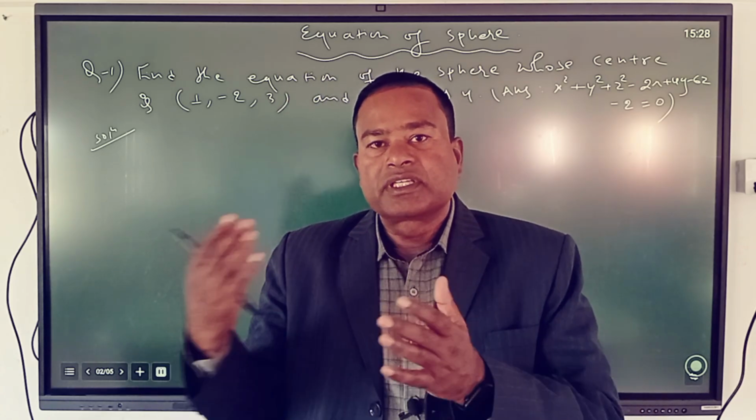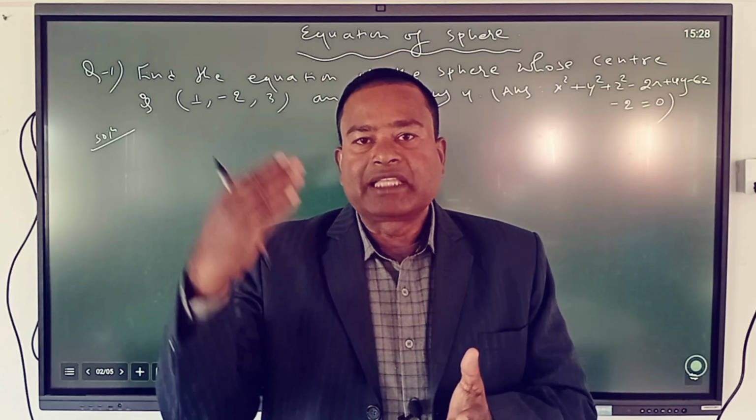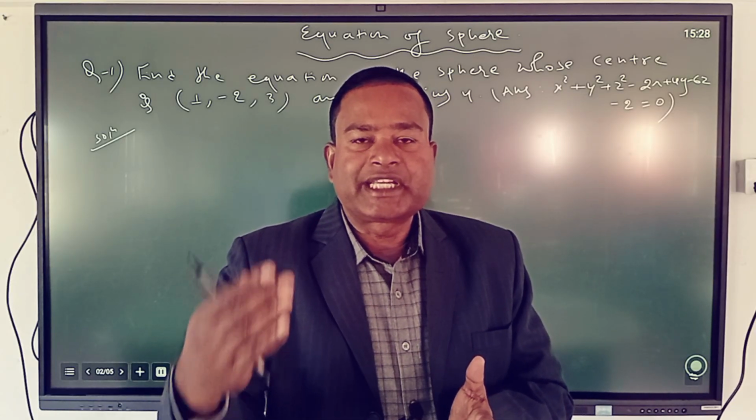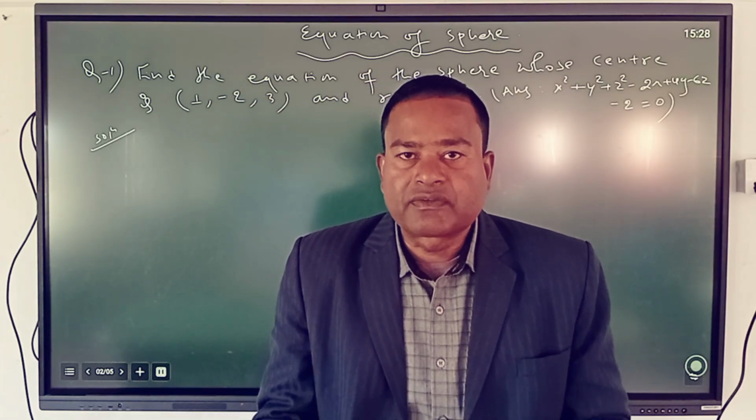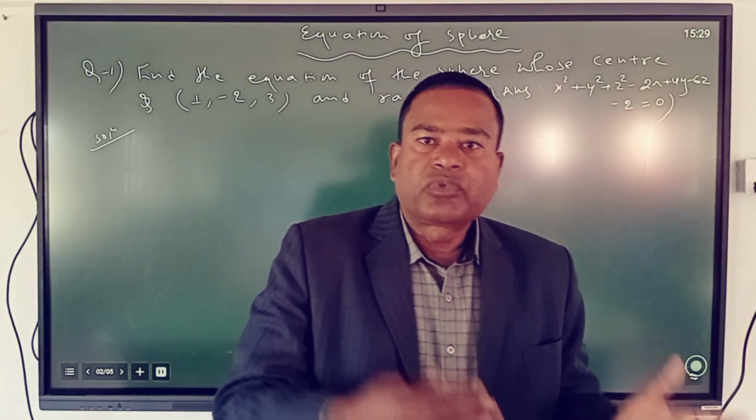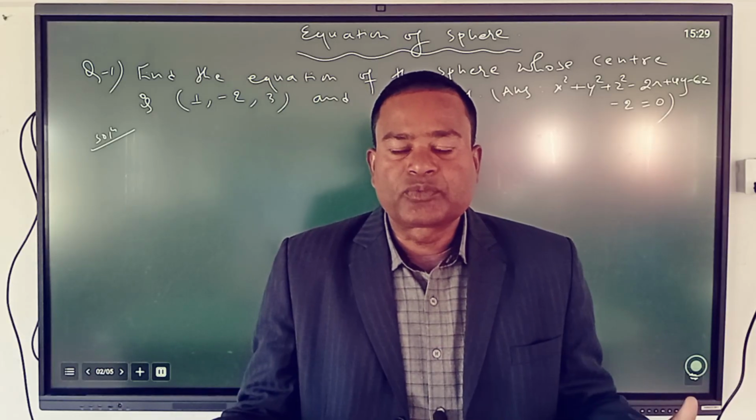So if the center and the radius of a sphere are given, then we can easily find the equation of a sphere by using the formula of distance between any 2 points.